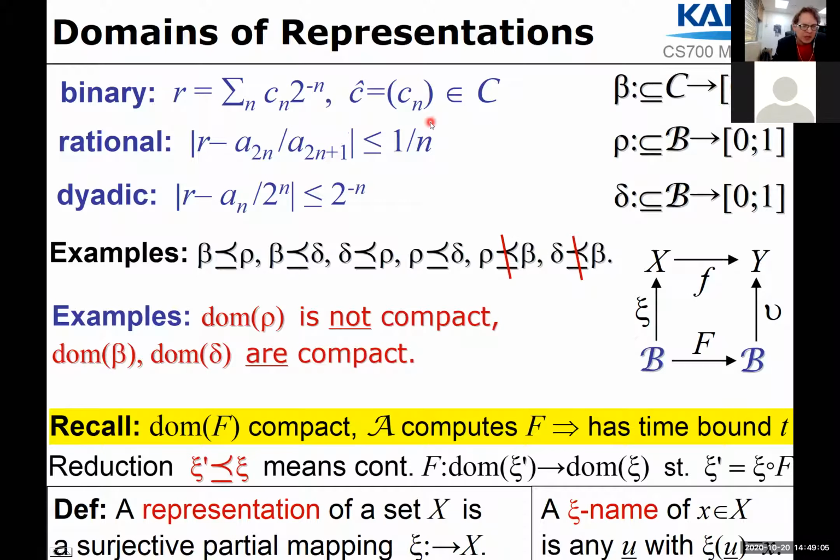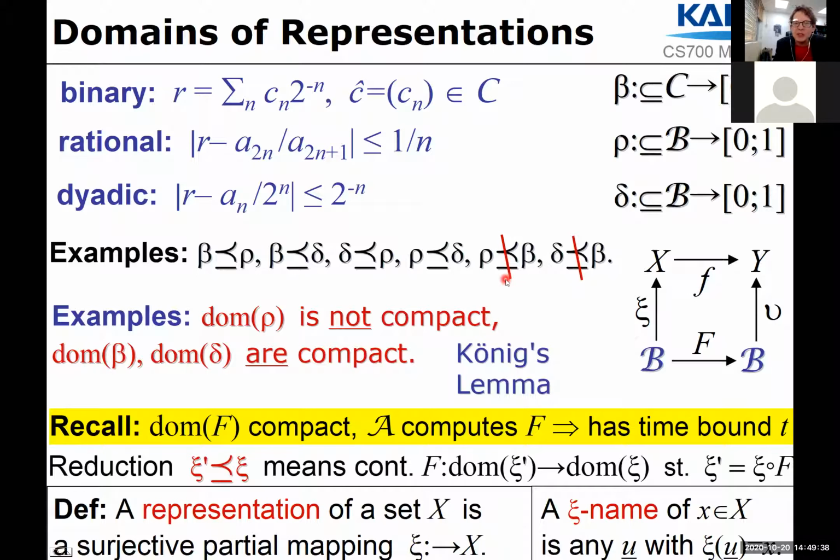And similarly, the domain of the binary representation can also be seen to be compact. So these are good properties for the binary and dyadic representation, but bad for the rational representation. Whereas in terms of reduction, it seems like the rational and the dyadic representation have good properties, but the binary representation does not.